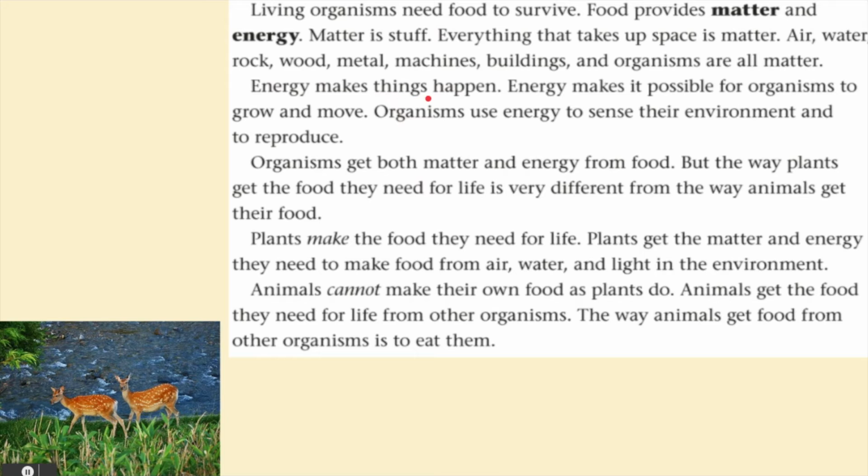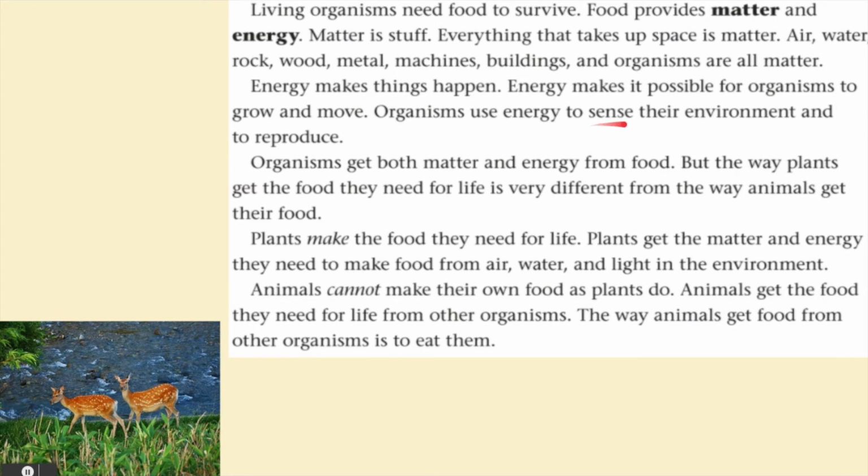Energy makes things happen. Energy makes it possible for organisms to grow and move. Without food, organisms will not have enough energy to be able to move.